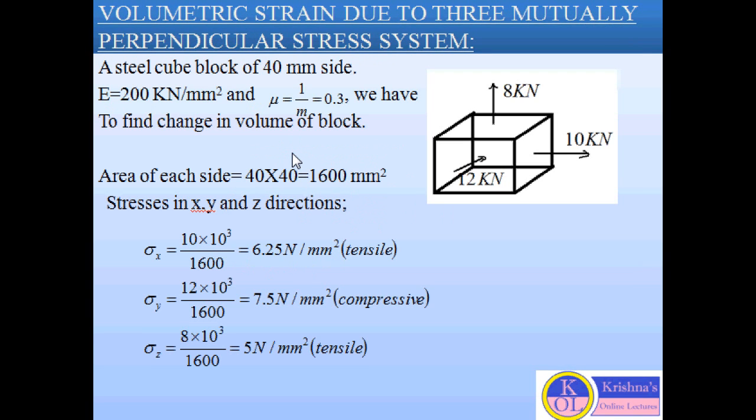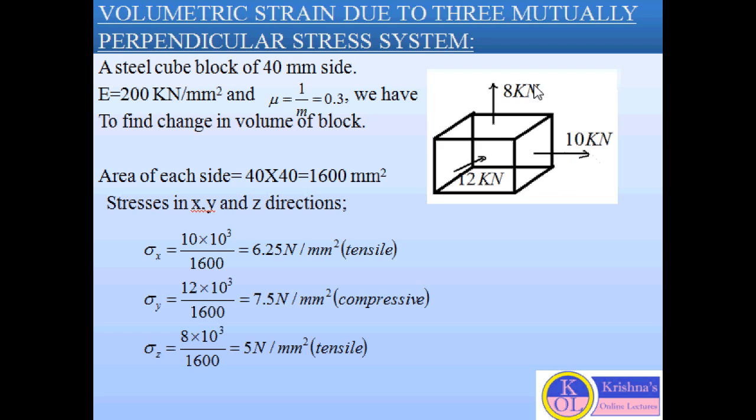Here I am taking an example for better understanding of volumetric strain due to a three mutually perpendicular stress system. So here I am considering a steel cube block. You can see in this diagram a steel cube block of 40 mm side. Each side is 40 mm, and this block is subjected to three mutually perpendicular forces, 10 kilonewton, 8 kilonewton and 12 kilonewton, along x, y and z direction.